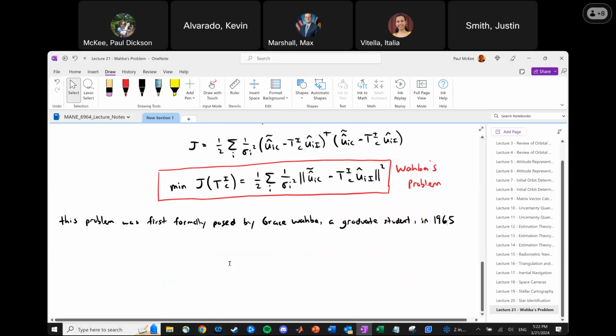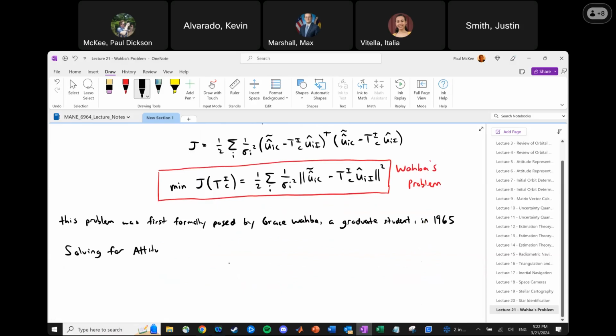So the first solution method is solving for the attitude transformation matrix, or in parentheses, you could call this the SVD method.